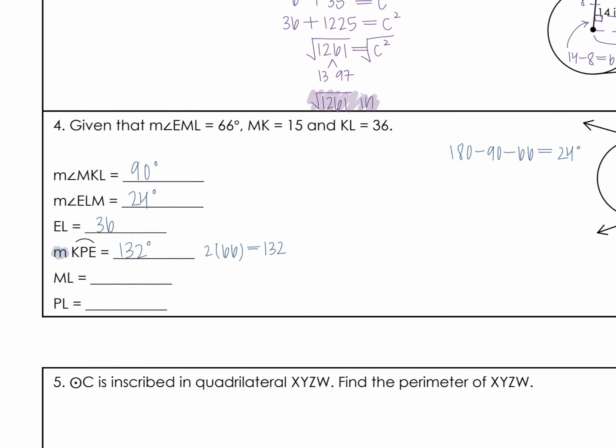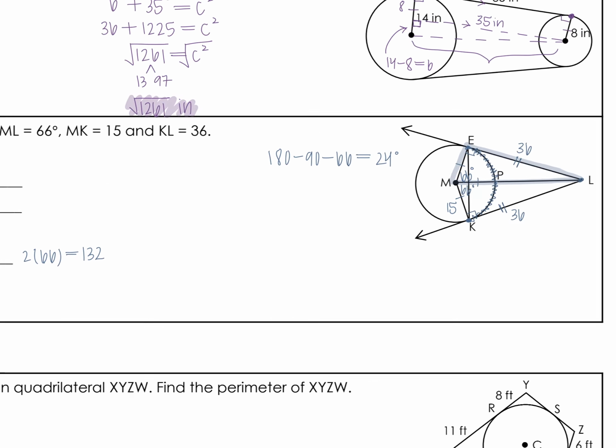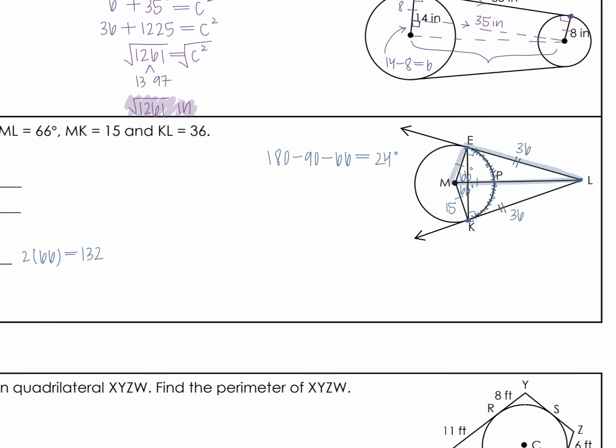All right. Now for the next one, we're asked to find the measure of ML, the length of that segment. In order to find the length of ML, we are going to focus in once again on the right triangle. Using the Pythagorean theorem, we have 36 squared plus the radius that's given to us, 15 squared, equal to c squared, which is ML.